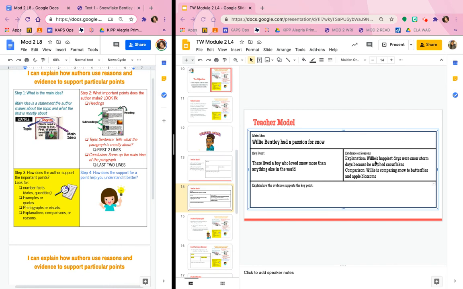So here, his happiest days were snowstorm days because he watched snowflakes. The comparison shows how Willie feels about snow. So the author is supporting her point about Willie being passionate about snow by sharing an example of how it is true and a comparison that helps me understand Willie's feelings.